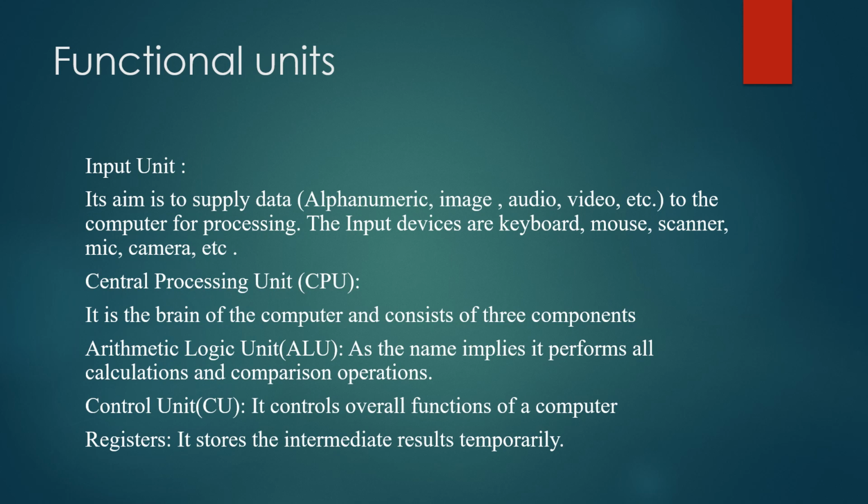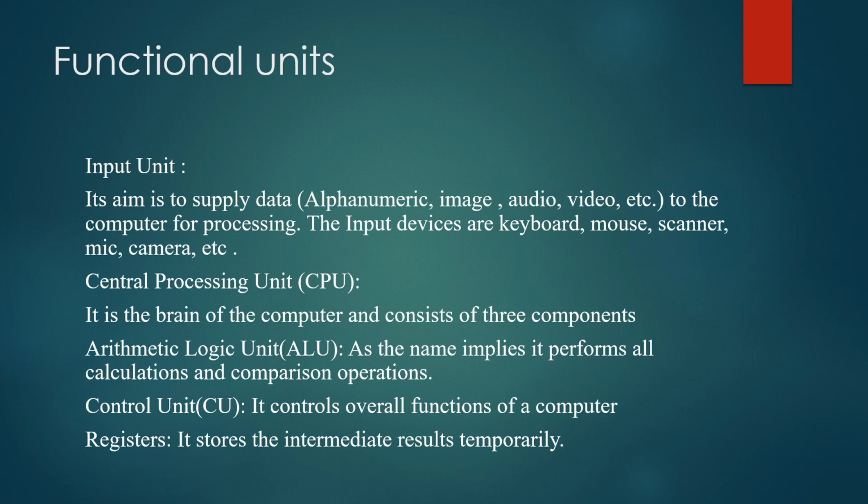Its function is to coordinate and control, so the control unit plays a major role. It is also responsible for carrying out all the instructions stored in the program. It decodes the fetched instruction, interprets it, and sends the control signals. So the control unit is also known as the nerve center of a computer system.